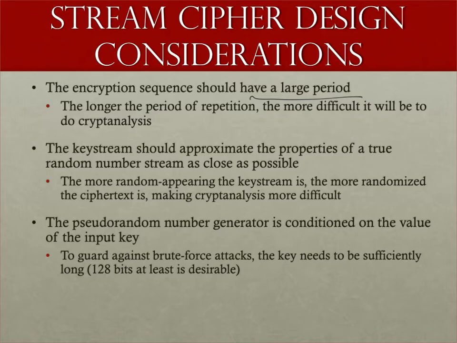So the more random-appearing the key stream is, the more randomized the ciphertext is, making cryptanalysis more difficult. We talked about this. The pseudorandom number generator is conditioned on the value of the input key, as we said, right? So as long as the key is the same on both sides, you should be able to generate the same random sequence. However, this random sequence is not reversible. We agree on this. To guard against brute force attacks, the key needs to be sufficiently long.